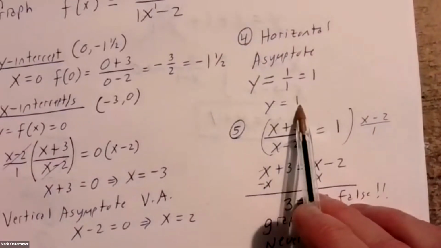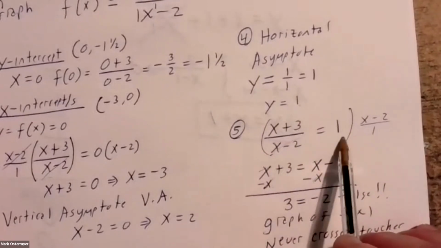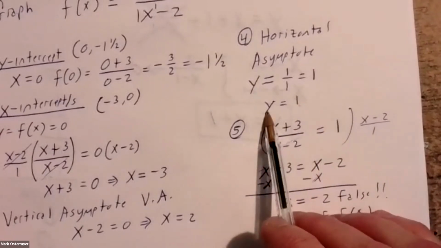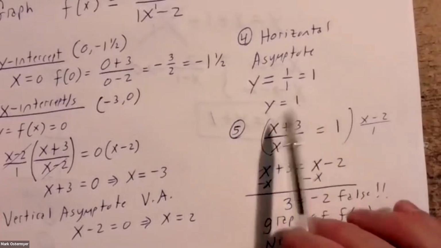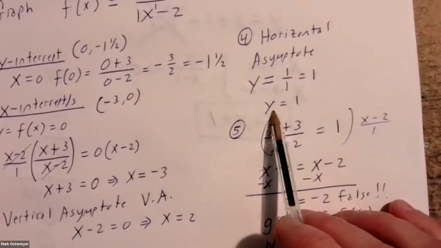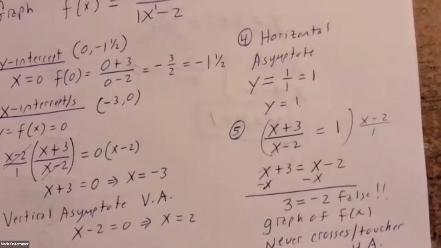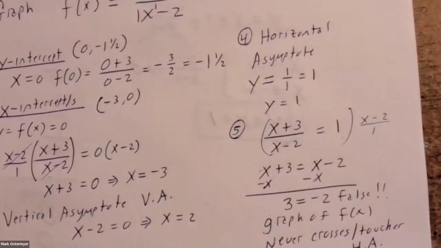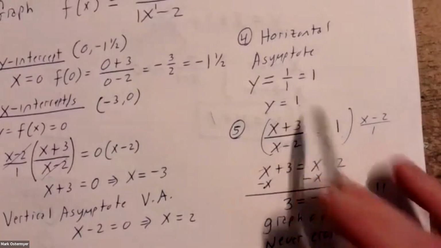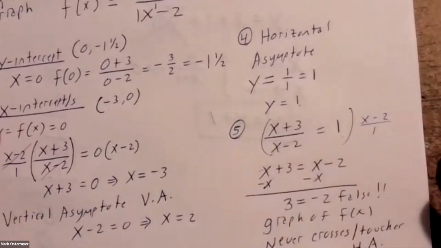No, you always set it equal to whatever y is equal to for your horizontal asymptote. It just so happens y is equal to 1, so I set my rational function equal to 1. If my horizontal asymptote was y equals 0, you would set this equal to 0. If the horizontal asymptote equation was y equals 5, I would set this equal to 5. Does that make sense? You always set it equal to what y is equal to in the equation of your horizontal asymptote.